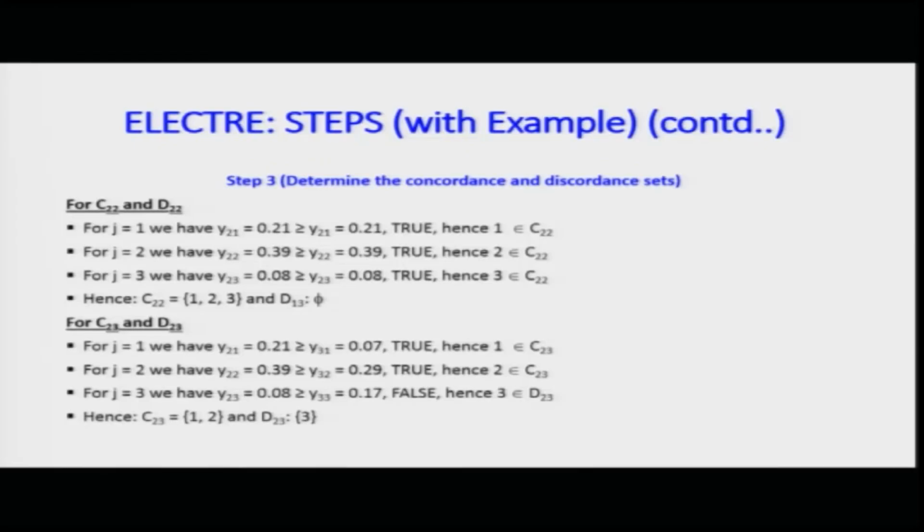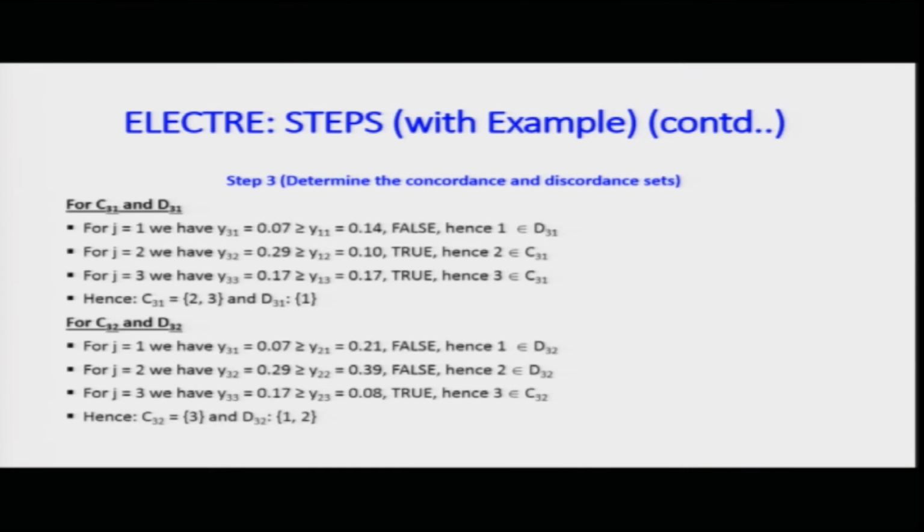Hence, as usual, 1, 2, 3 goes into the concordance set and D, the discordance set, is a null set. When I come to C23 and D23 for j = 1, 2, 3, we have true, true, false, hence they fall into the concordance and discordance sets. So, the concordance set is 1 and 2, and the discordance set is 3. We will go one step at a time like this.